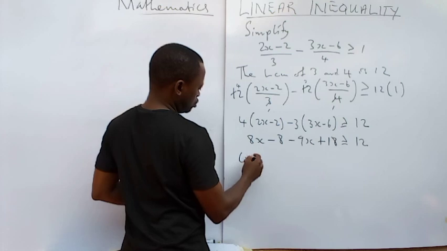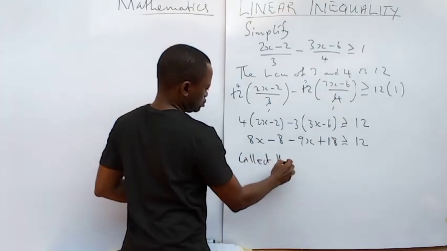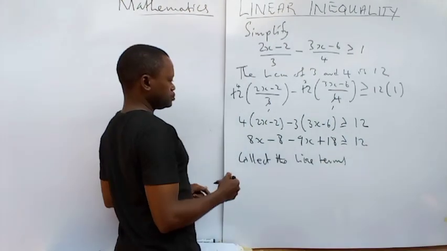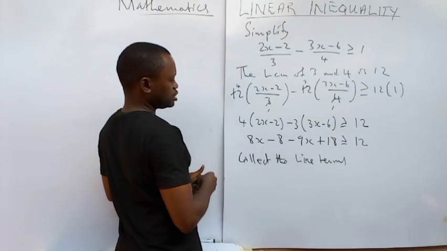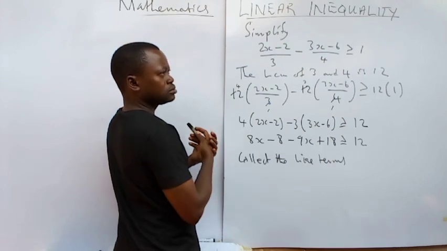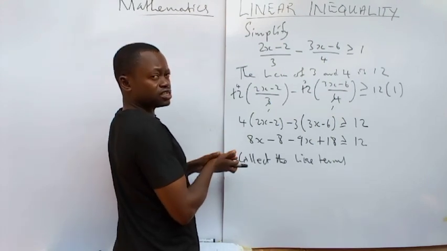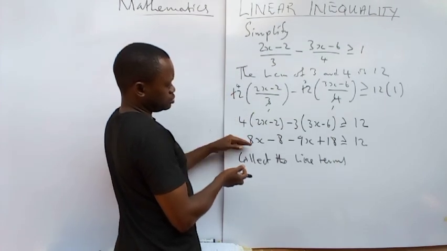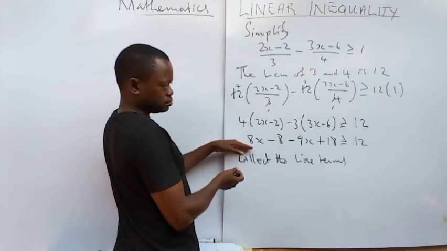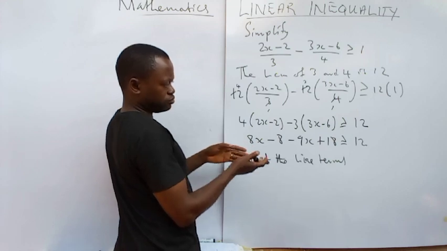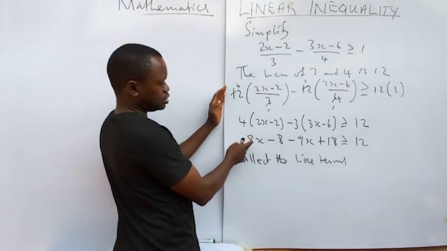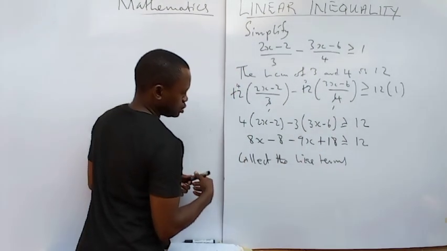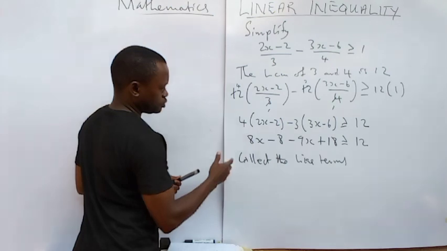So at this level we collect the like terms. Many times I teach with consideration that everybody doesn't have the same level of assimilation. So I'm trusting God that the breaking down of this to this level, you understood it. You can watch the video over and over again to capture every detail of what I did here, so that the time doesn't go too far in solving this problem.